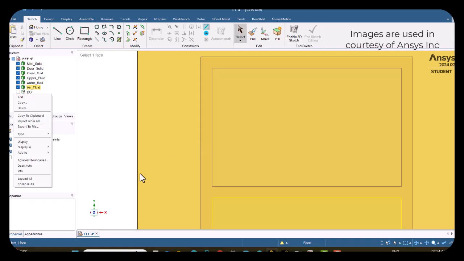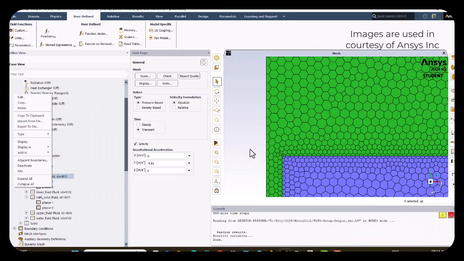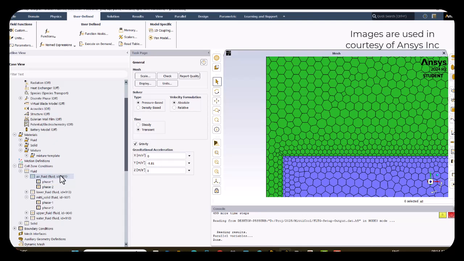This is the air fluid. Inside this there is a refrigerator. When I activate that, you will get this extra part. Right now it's just adjacent to it.